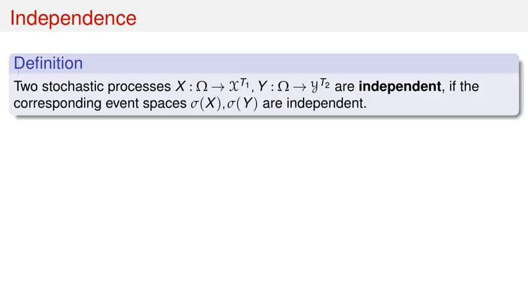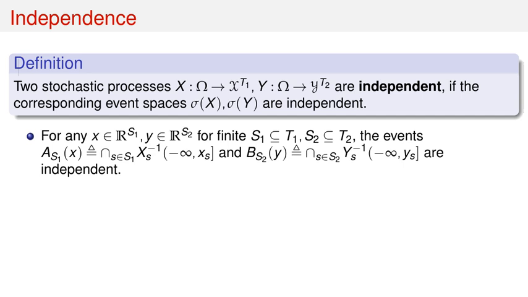Finally, we can define independence of two stochastic processes. Two stochastic processes X from Omega to script X to the T_1 and Y from Omega to script Y to the T_2 are said to be independent if their corresponding event spaces sigma of X and sigma of Y are independent.